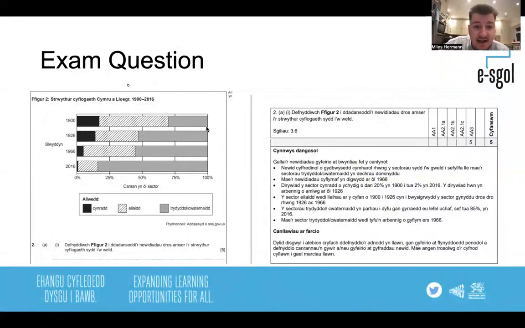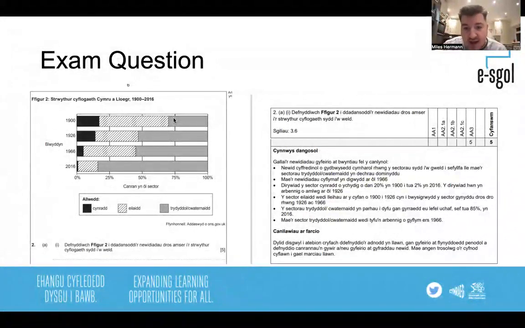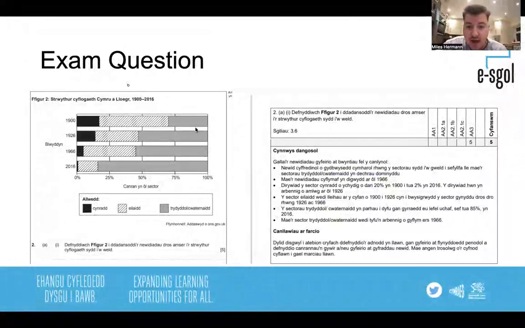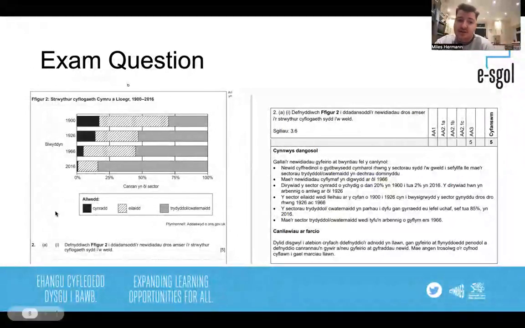So you could say in 1900, and you could work out using your ruler exactly what the tertiary sector was in 1900, and you could compare that to 2016. Similarly, then, you can look at the primary sector in 1900 and how it has, again, significantly decreased into 2016.